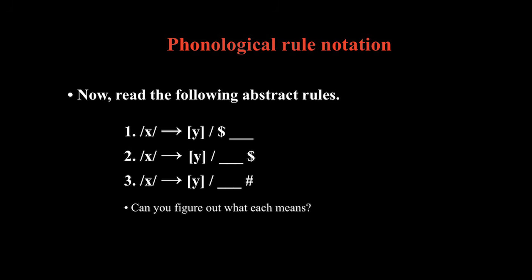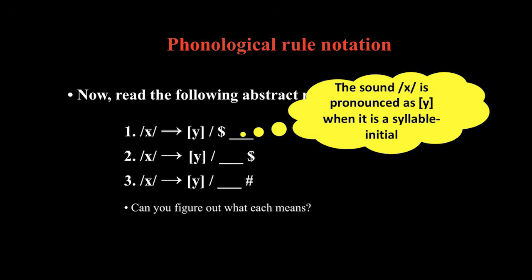Number 1, we have X between slashes, arrow, and Y between brackets. We have a slash, we have a syllable boundary, and a dash. What does this mean? It simply means that the sound X is pronounced as Y when it is syllable initial.